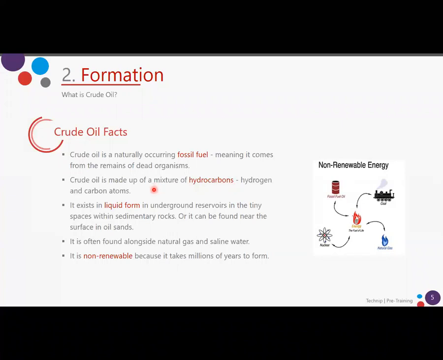It exists in liquid form in underground reservoirs, in the tiny spaces within sedimentary rocks, or it can also be found near the surface in oily sands. It is often found alongside natural gas and saline water. It is non-renewable because it takes millions of years to form. Here we can see other non-renewable energy sources like coal, natural gas, and nuclear energy.